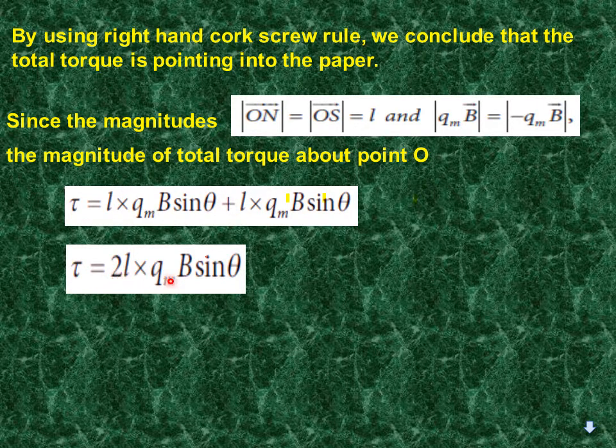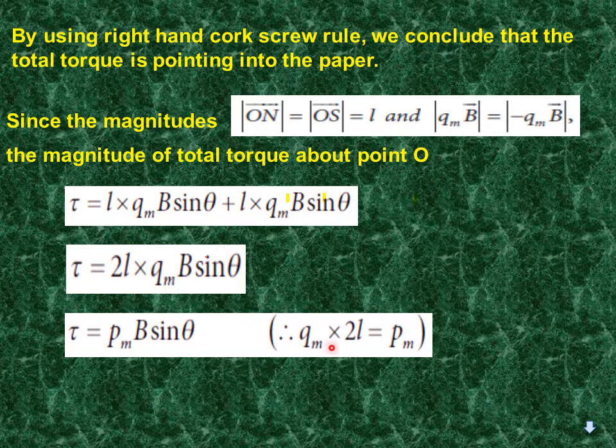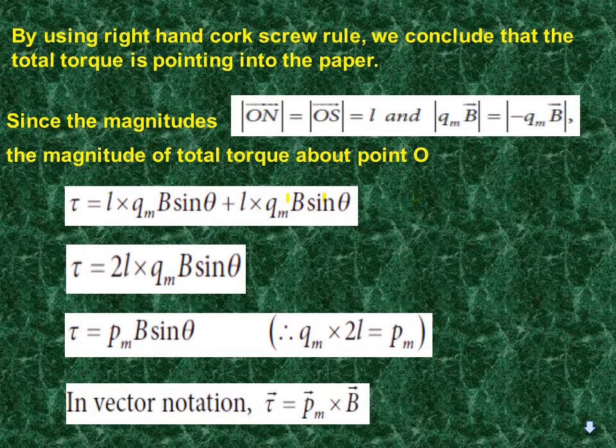Tau is equal to 2L, taking common, Qm B sin theta. Already we know Qm into 2L is equal to Pm. So we substitute Pm instead of 2L Qm. So tau is equal to Pm B sin theta, and in vector notation, tau is equal to Pm cross B vector.